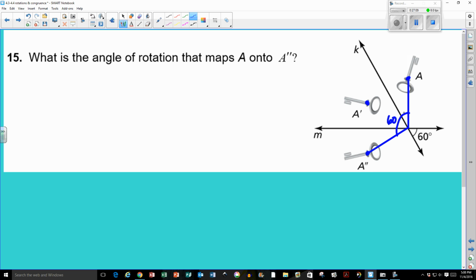I go from here to here, and then here to here. I know it's not 180 degrees, because if it were 180 degrees, it would come all the way here. And it's not. So this is going to be an angle of 120 degrees. I just kind of got to play with it a little bit, because from here to here is 120 because of the vertical angles.